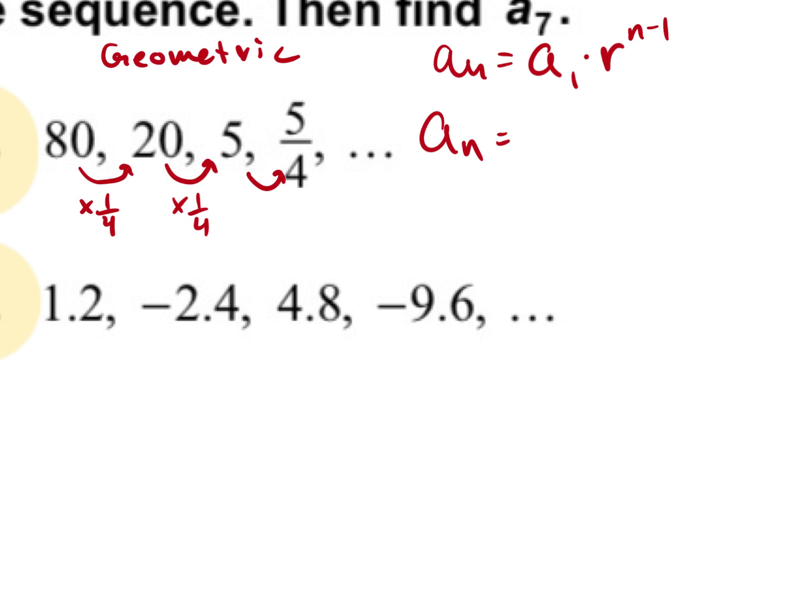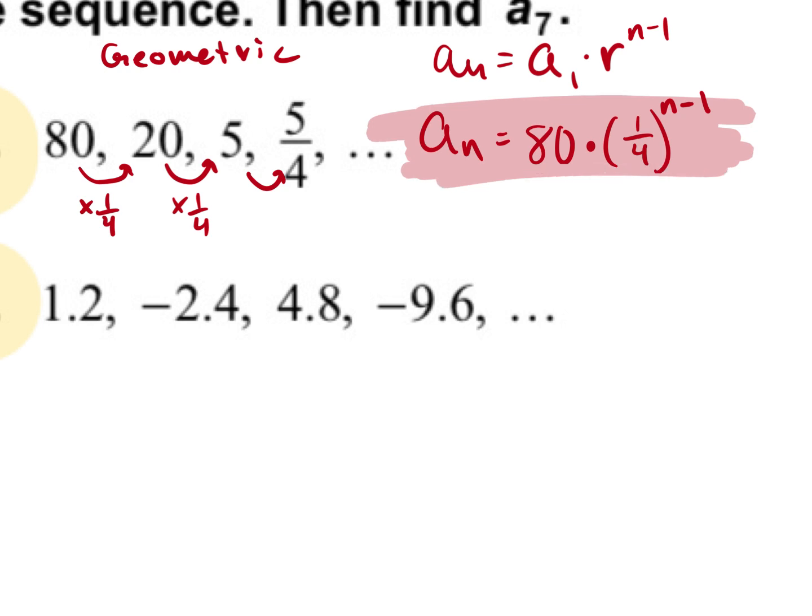So a sub n is equal to, what's our first term? 80 times, what's our common ratio? 1/4 to the power of n minus 1. So this would be our rule. For the rule, you just leave n as n. Don't plug anything in yet.